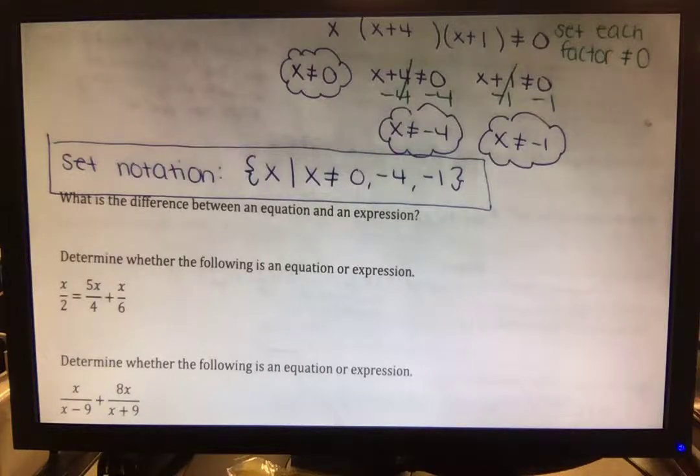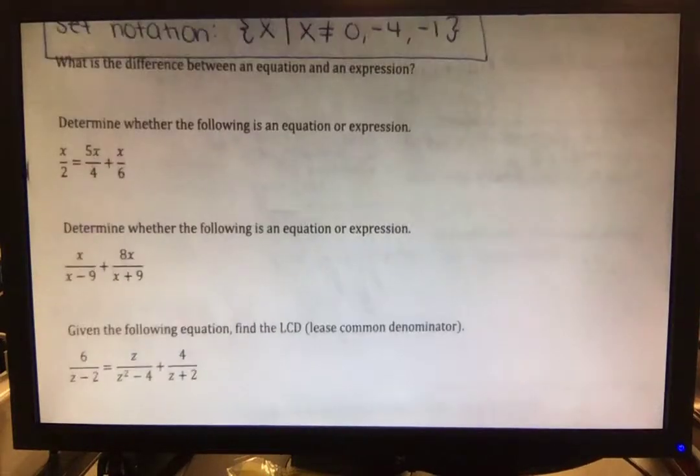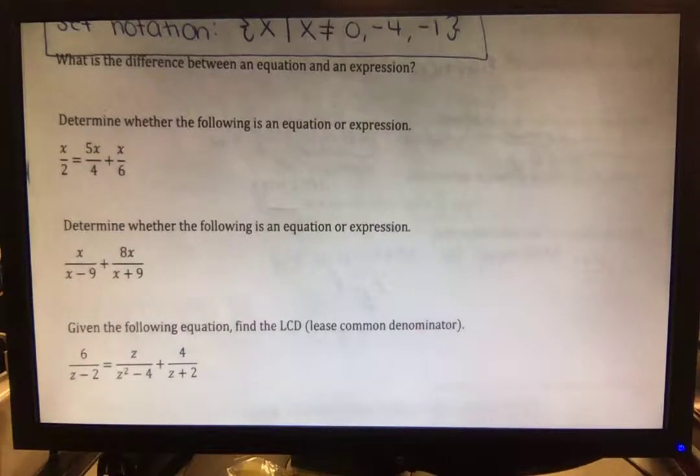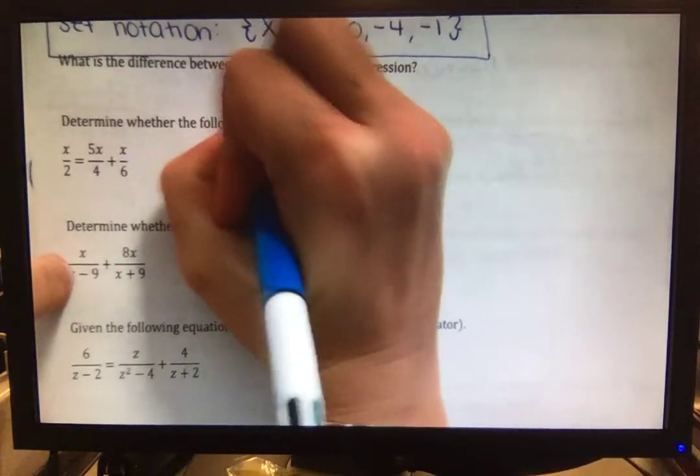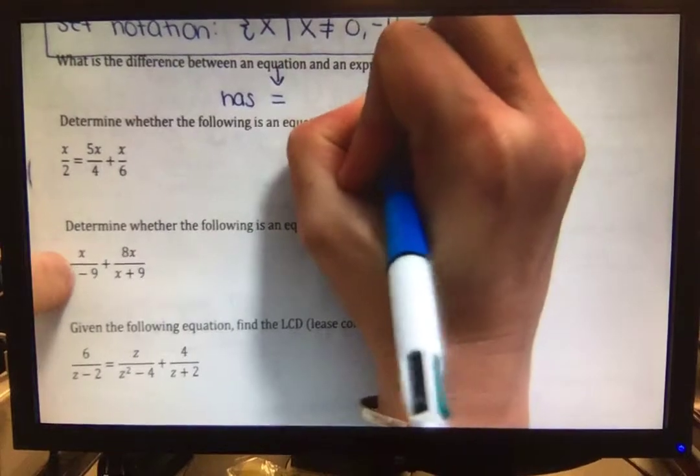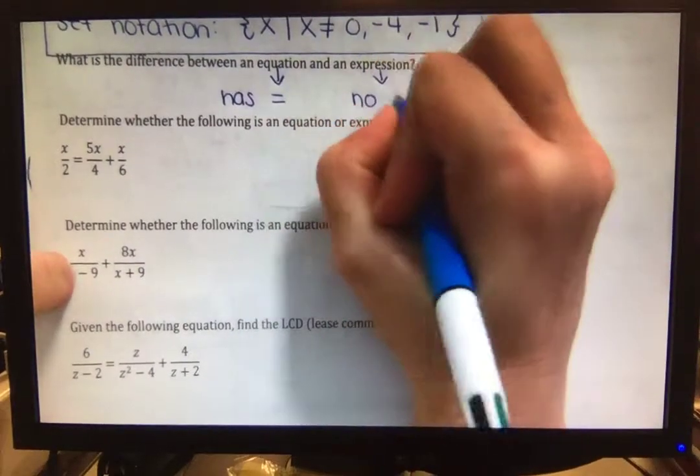If not, these are my favorite of the whole class. It's asking us, what's the difference between an equation and an expression? An equation has an equal sign. An expression, no equals.